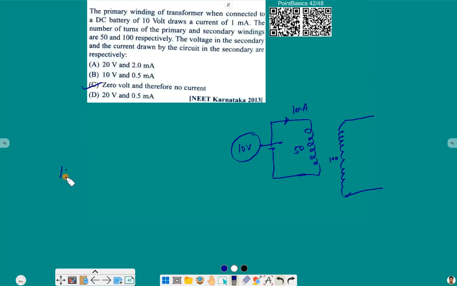So in that case, 10 by 50 should be equal to Vs by 100, and from that secondary voltage is 20, and then we can compare their powers, and from that we calculate the current. But as this is a DC source, the transformer will not work, and there will be no current or voltage in the secondary coil. Let's move to the next one.